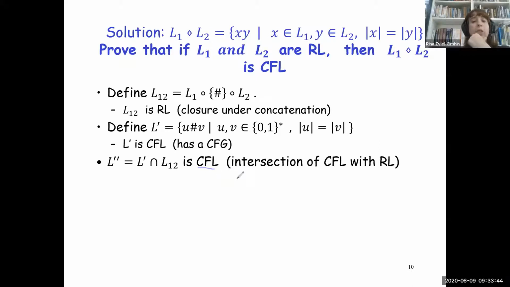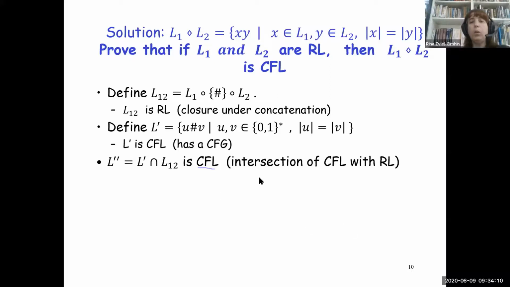The structure of the words in this new language is U comes from L1, V comes from L2, because that was the definition of L12, and the length of U equals the length of V, and this comes from the definition of L cap.